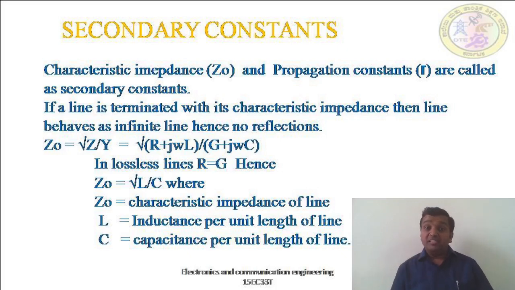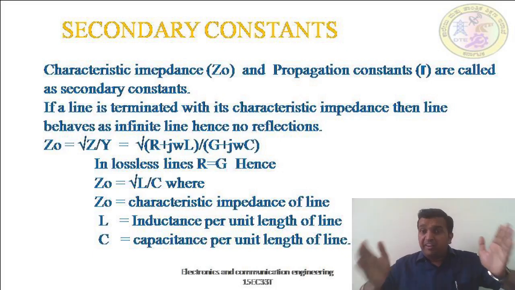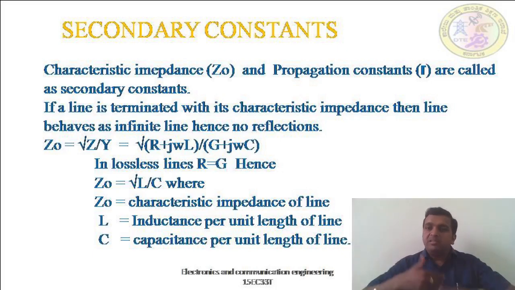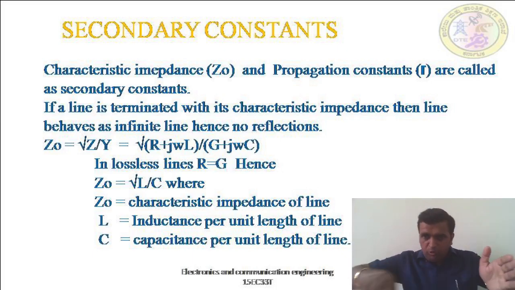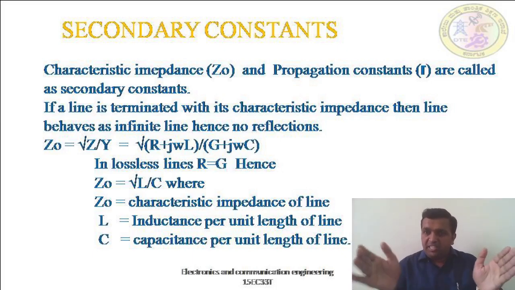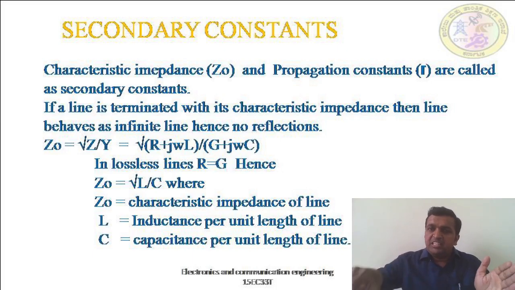Now, if a line is terminated with its characteristic impedance, then the line behaves as an infinite line, hence no reflections. The point for you to understand is that I told the line is of defined length. If you don't want reflections, which will come up in the upcoming classes, then the line will have a source and a destination.